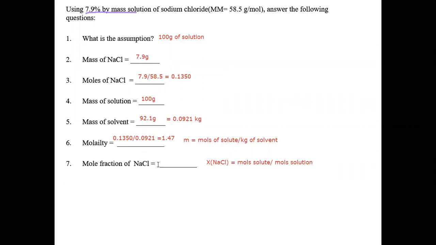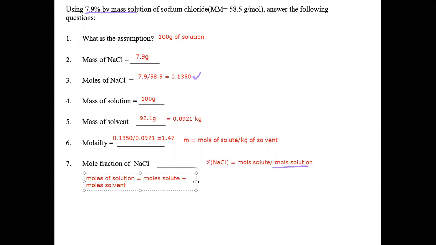Now we need to find the mole fraction of sodium chloride. Well, again, for the mole fraction of sodium chloride, we need the moles of solute, which we have, and the moles of solution. So remember, the moles of solution equal moles of solute plus moles of solvent.